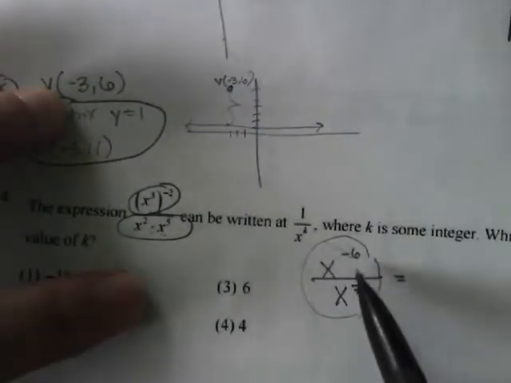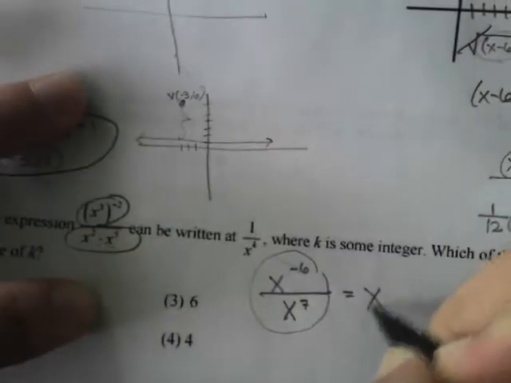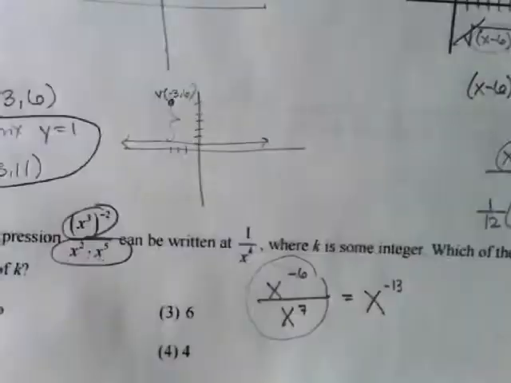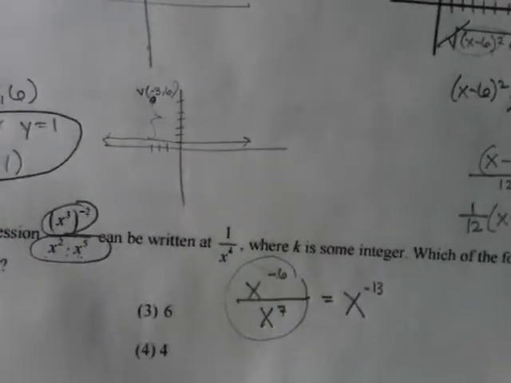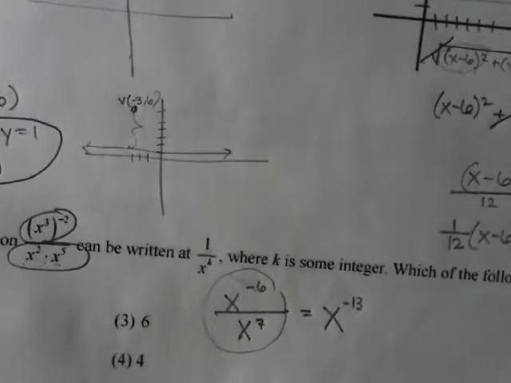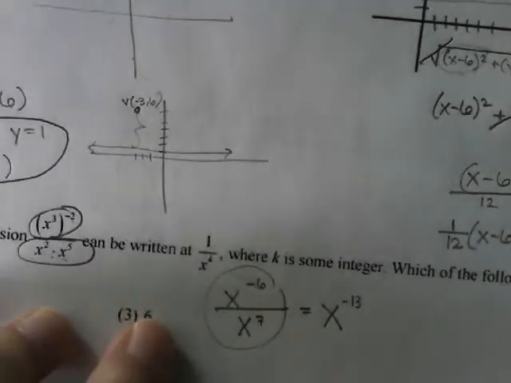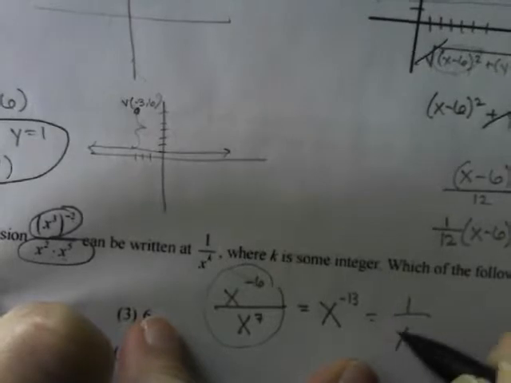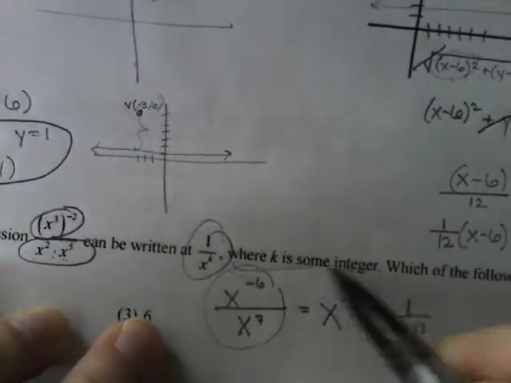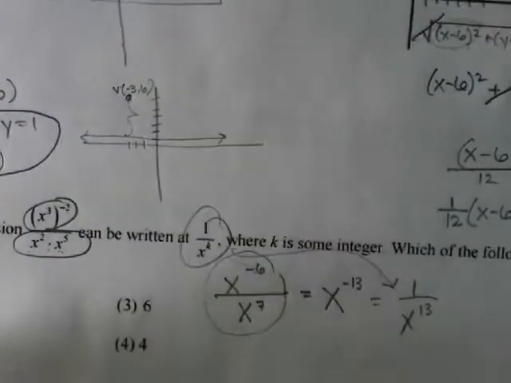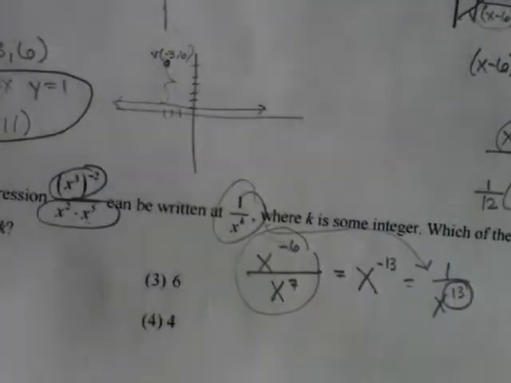Negative 6 minus 7 is negative 13. And then when you have a negative exponent, you can't leave that in the final answer. You kind of have to move it to the denominator in this case. So it'll be 1 over x to the 13th, so the value of k is 13. Okie doke?